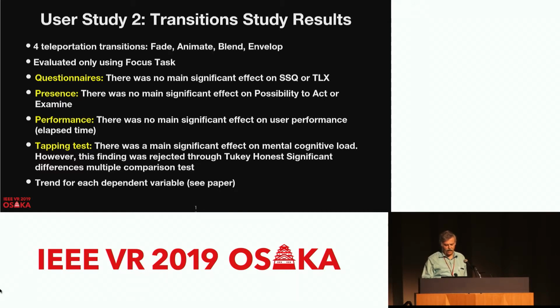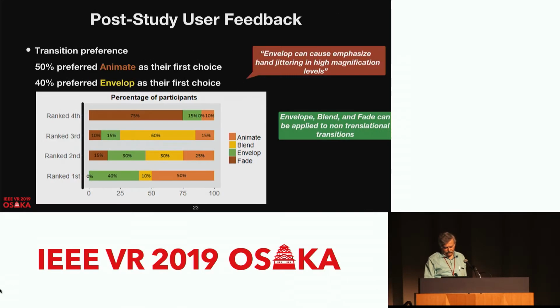And you can see here in this graph basically that people prefer the animate, and I believe that most people are used to animate, and that's what they use in the teleportation transition. So 50% preferred animate, 40% preferred our technique envelope, and the fade and blend are not as preferred by the users.